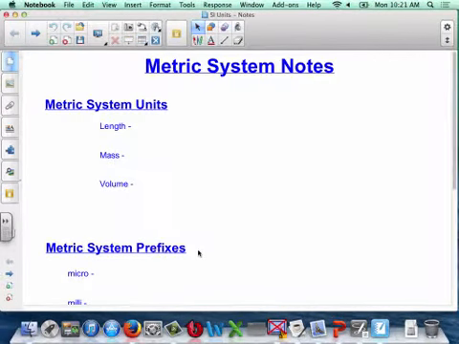So when we think about the metric system, the reason we use it in science is because we have a standardized unit. In fact, if you look up here at the very title, it says SI units. That's for the Standard International, which is a French way of saying international standard. And yes, there's a place in Paris that actually has the meter stick.